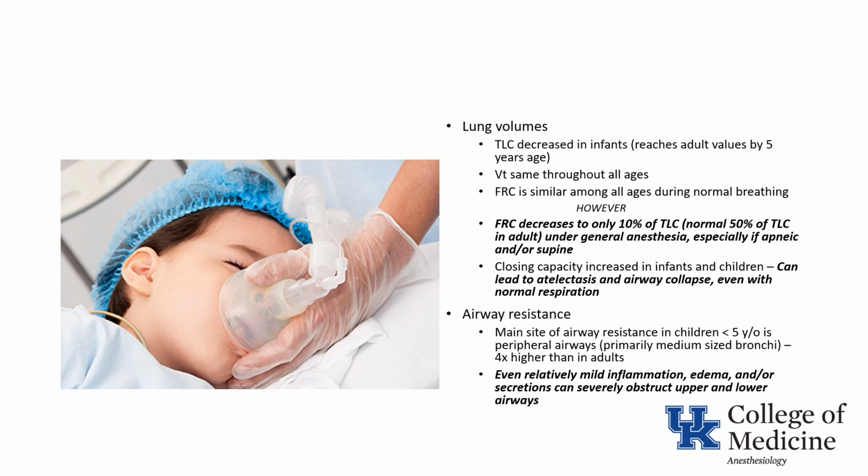However, general anesthesia, apnea, and the supine position change this in the infant and the neonate and decrease the FRC under these conditions to only 10% of the total lung capacity, when the normal is 50% of the total lung capacity. That's a very important thing to remember. FRC is decreased in infants and children under general anesthesia, especially if the child is apneic and or supine.